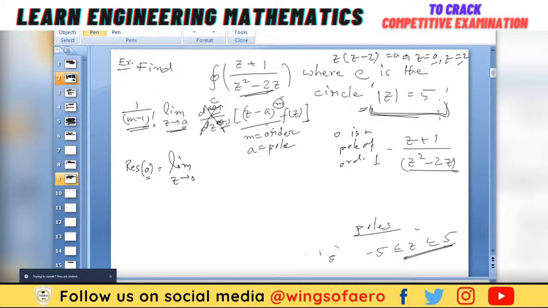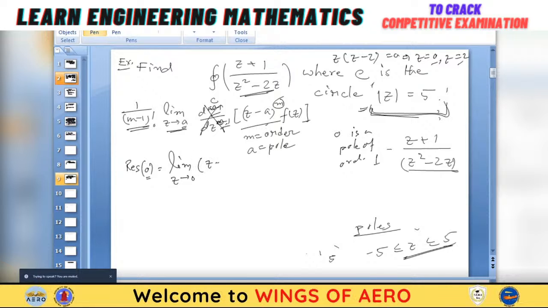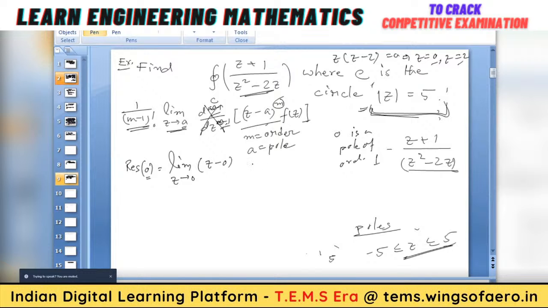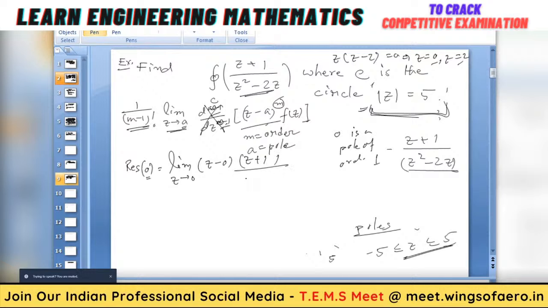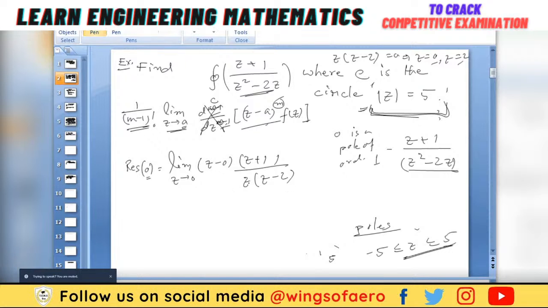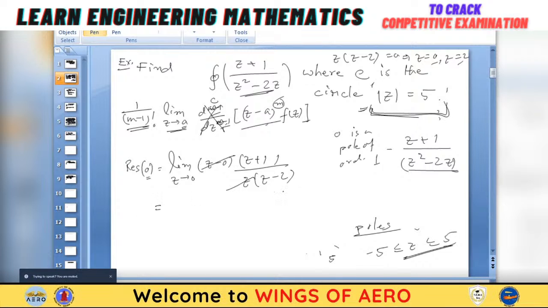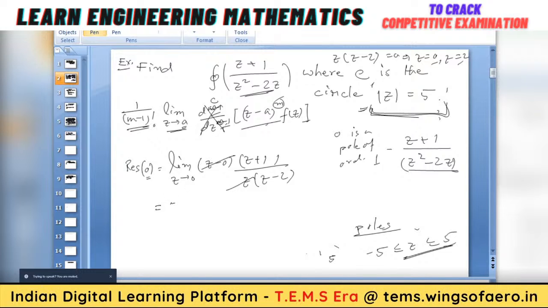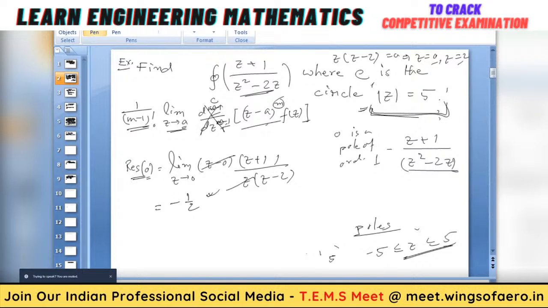The order is 1, so it is only (z minus 0) times f(z). f(z) is the function itself, that is (z plus 1) divided by z into (z minus 2). The z is nullified, z tends to 0, and (z plus 1) by (z minus 2) gives us minus half. So this is the residue at z equal to 0.